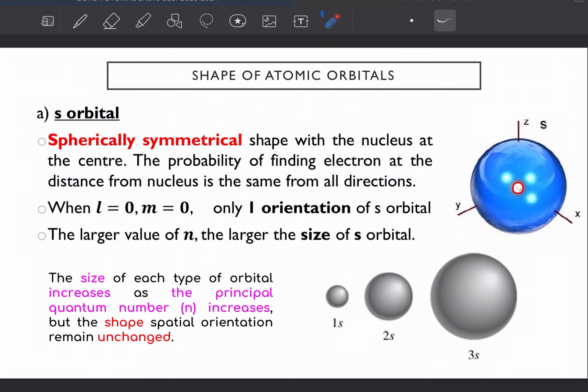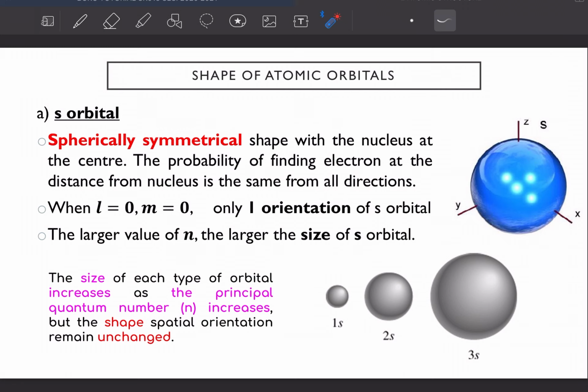The probability of finding an electron at a distance from the nucleus is the same from all directions because dia adalah bulat saja. So the probability to find it anywhere around your nucleus will be the same because it's only bulat.